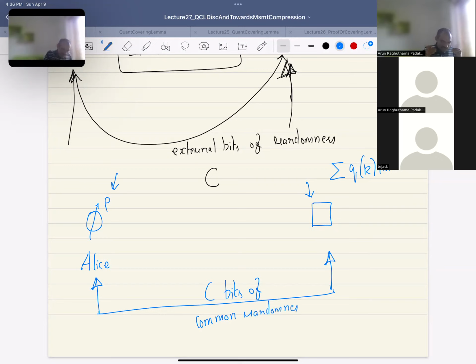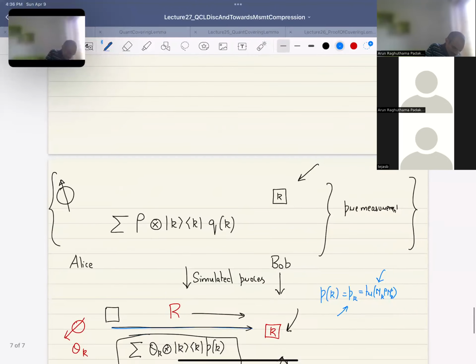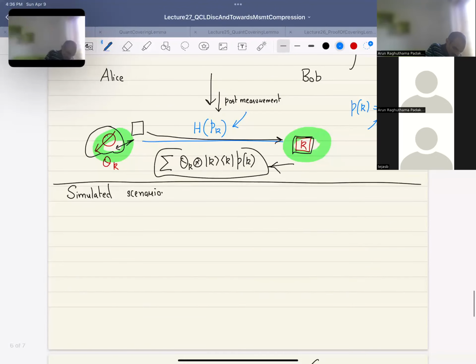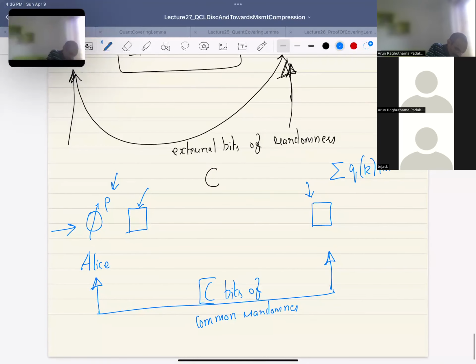Alice will do something with these C bits of randomness and the quantum state. She will extract out some classical register. This classical register, instead of being with distribution Q of K, instead of being with distribution PK, has some other distribution and whose entropy is R.